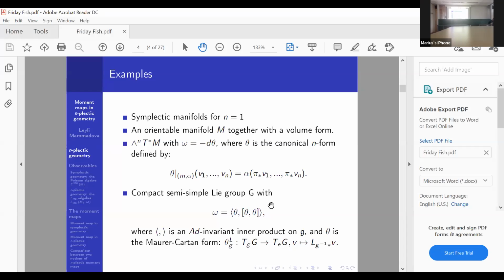Yeah, the weak moment map. Is it clear? Let me think. You mean the explicit components? I think I haven't thought about that.